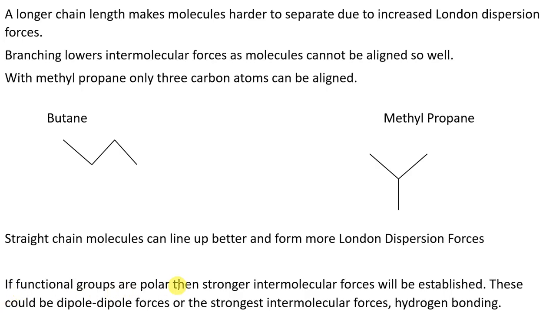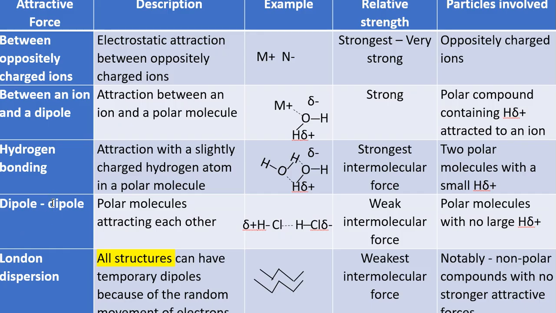If functional groups are polar, then stronger intermolecular forces will be established. These could be dipole-dipole forces or the strongest intermolecular forces, hydrogen bonding. I've added this table at the very end, last slide, to show the different types of attraction there could be.